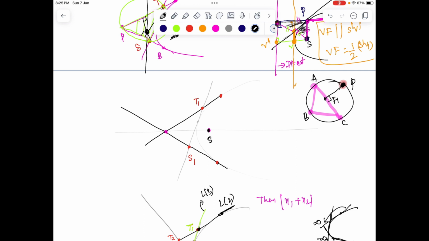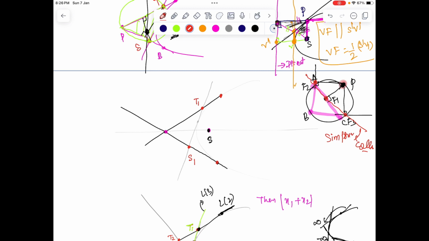Let's call this F1, the perpendicular to side AB, extended maybe, this F2, and if I drop a perpendicular to side BC, let's call this F3. Then, very surprisingly, it can be proved that these 3 feet of perpendiculars are always collinear. And this line which contains these 3 feet of perpendiculars is known as the Simpson line.